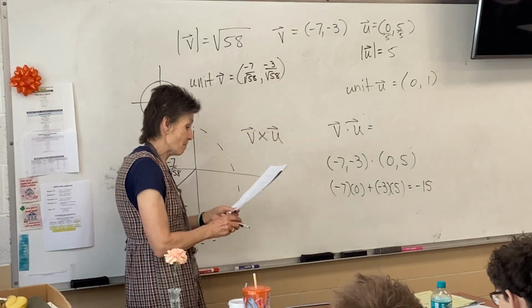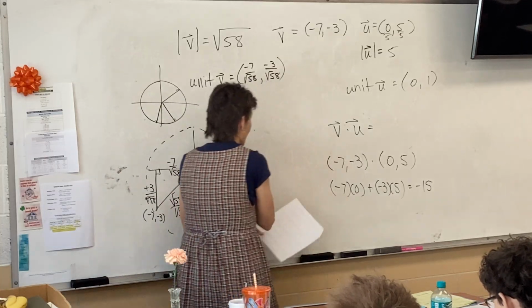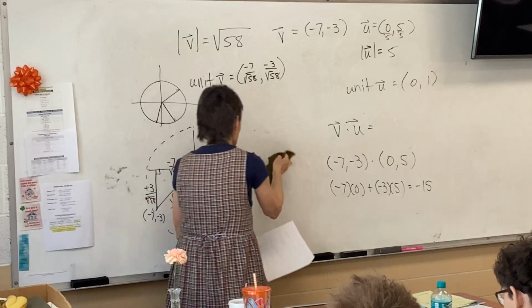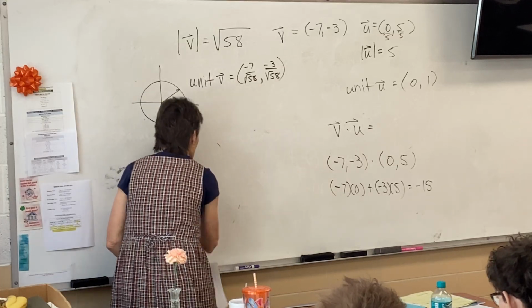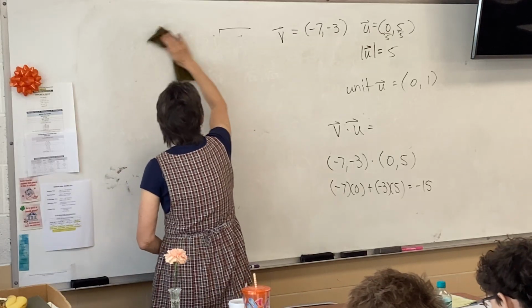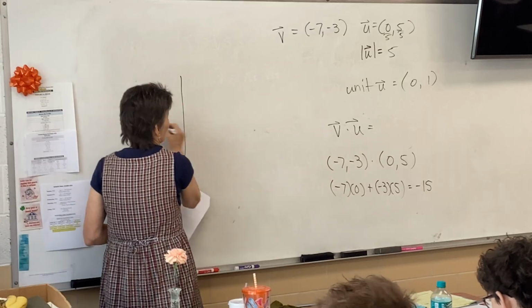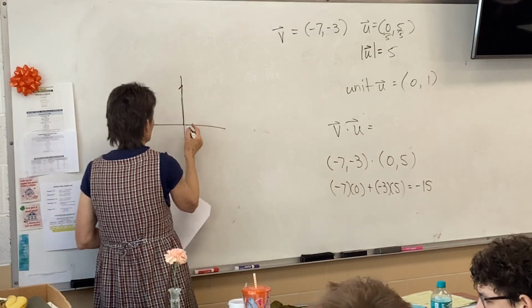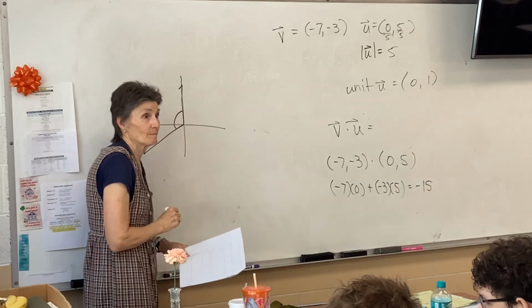All right, G, find the measure of the angle determined by V and U. I'm still using these same vectors. Clearly, if I drew them, they would form an angle. Does that make sense to you? Here's one of them right here, and here's the other one right here, and they form an angle.